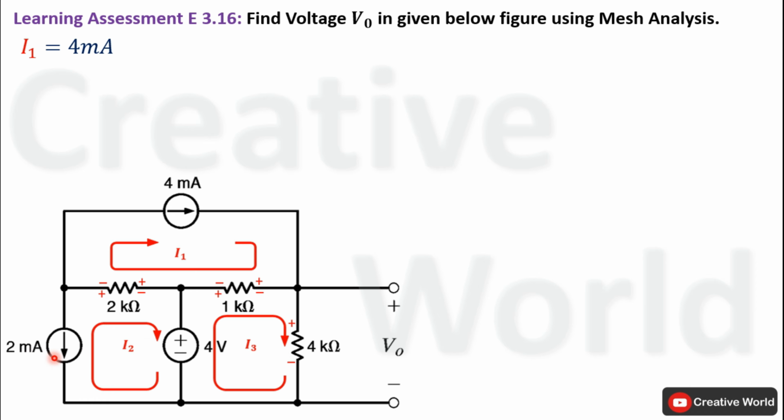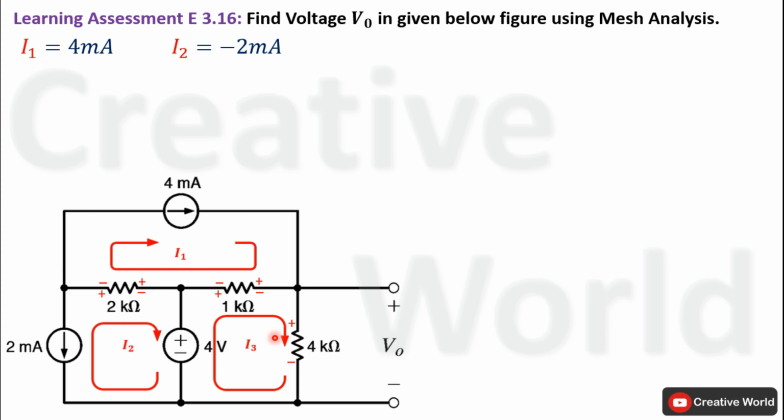But the direction of this current is opposite to the direction of the assumed current I2 inside this mesh. So we will take I2 as minus 2 milliampere. So we have the second mesh current equation, that is I2 equal to minus 2 milliampere.